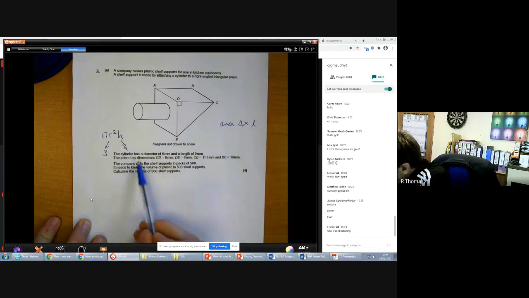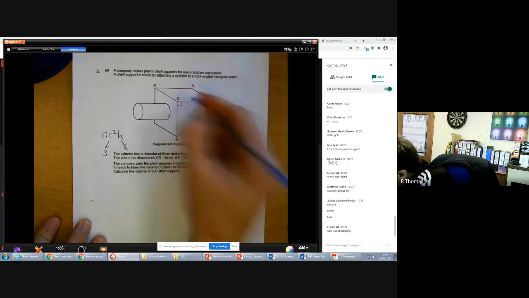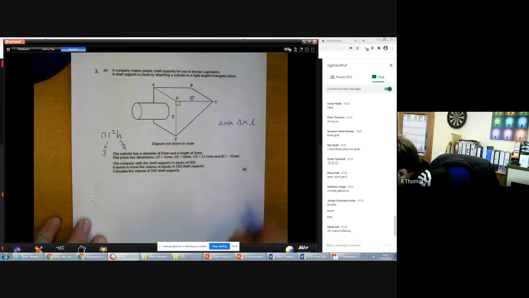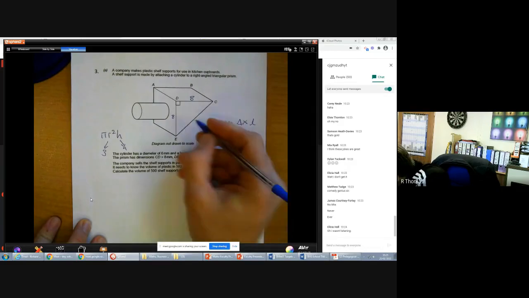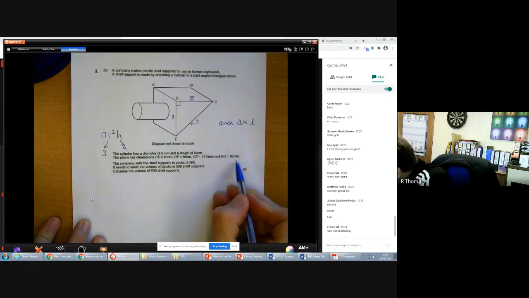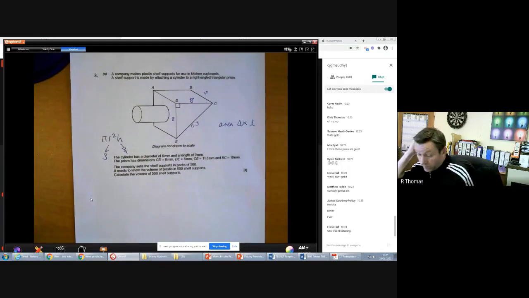D to E is 8, so this side is 8. C to E is 11.3, this side is 11.3. And B to C is 10. So this bit is 10. Now, one of those figures there is a dummy number that we do not need. We'll talk about it now. Well, I'll talk about it because you lot don't say anything.